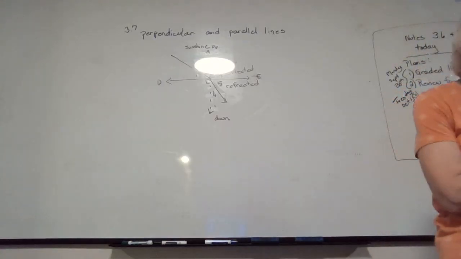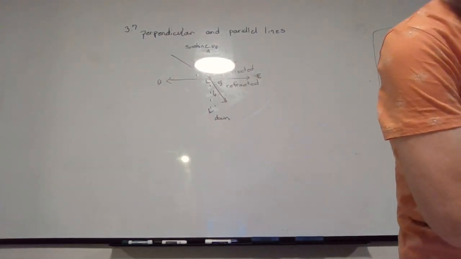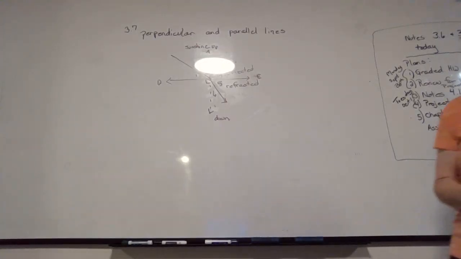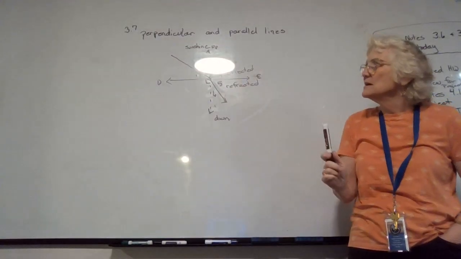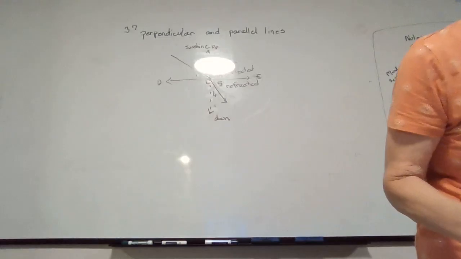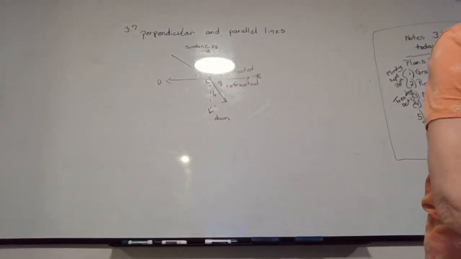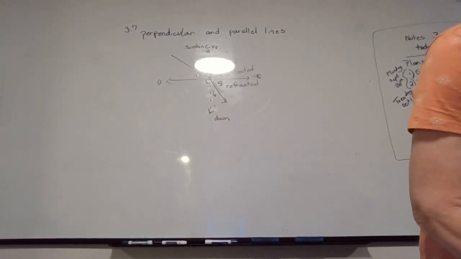Okay. If angle 2 and angle 3 are supplements, then angle 2 is congruent with angle 3. If angle 2 and angle 3 are supplements, that doesn't make any sense. If angle 2 and angle 3 are supplements of RWS, then angle 2 equals angle 3.